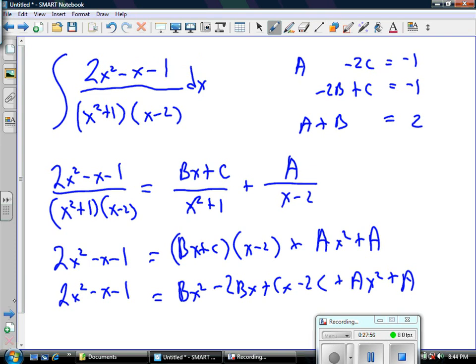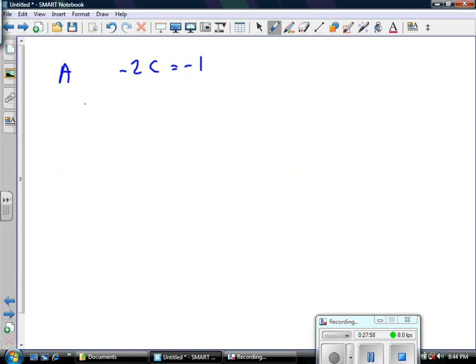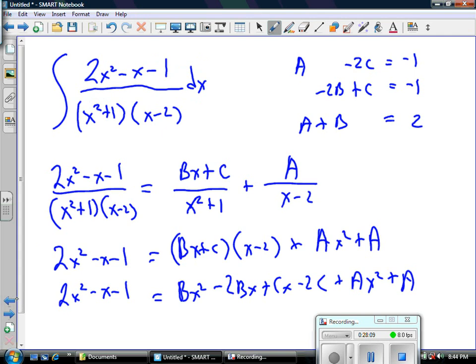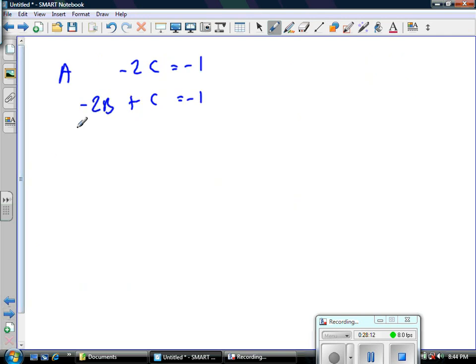And negative 2b plus c is also negative 1. And a plus b is 2. You can rewrite this as a matrix this way. Are you ready? Notice that there are 3 equations and 3 unknowns.